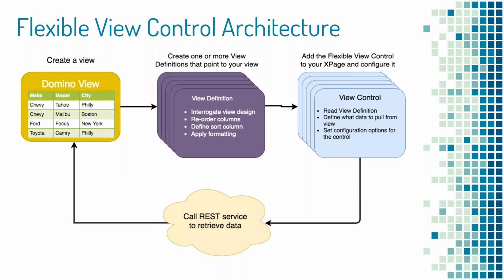And then finally, we have our view controls, which sit on an XPage. And ultimately, the view control is going to be using REST services of some sort, the normal Domino REST services. You can use xAgents to pull that data back into the control.